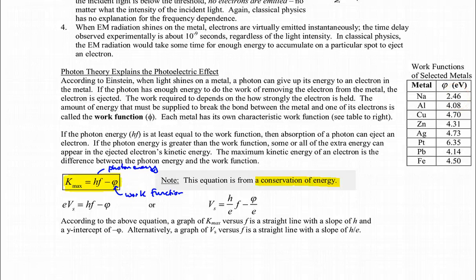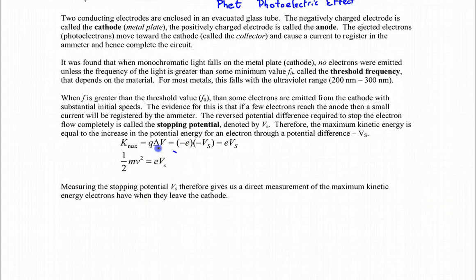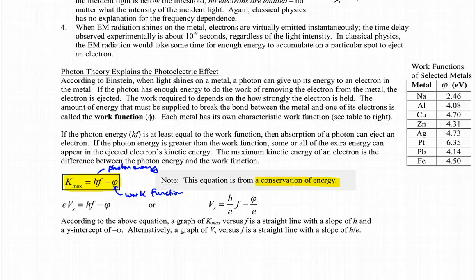Now, also we learned earlier, and this is also shown in the notes right here, that the kinetic energy of these photoelectrons can be determined if we know the stopping potential. So another graph that you could plot uses the fact that 1/2 m v max squared, which is equal to K max, is also equal to the charge of an electron times the stopping potential.